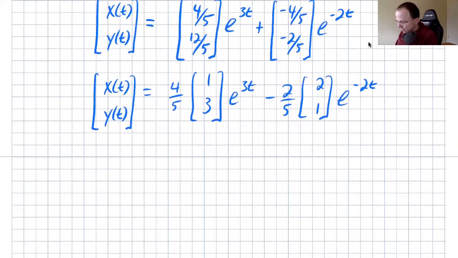Let me point out some interesting things here. First of all, we have this 3 and minus 2 here. Those are going to be important. And I'm also going to highlight this vector, 1, 3, and this vector, 2, 1.